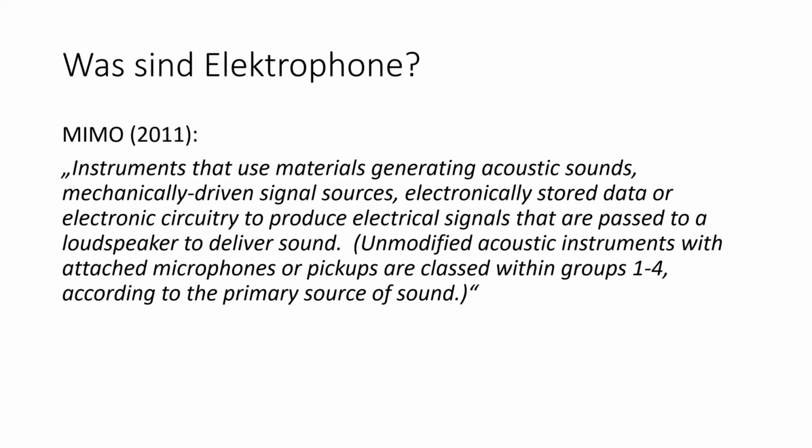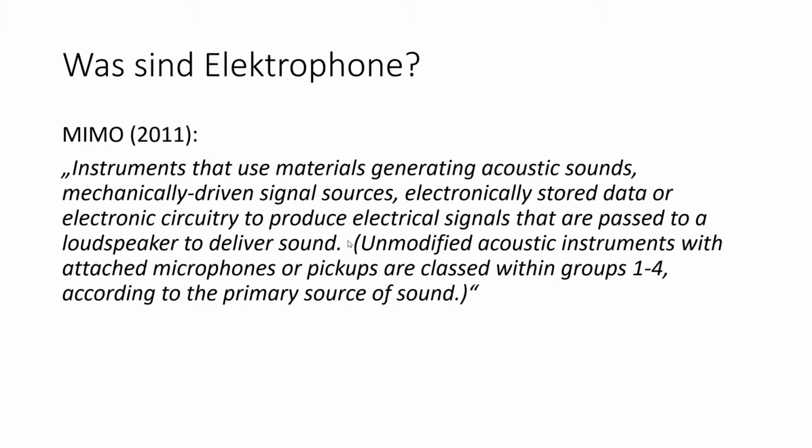But I guess the question is, if I just put a microphone to an instrument and the sound is processed through a loudspeaker, does that make that instrument an electrophone all of a sudden, just because there's a microphone next to it? But they have actually found something against that loophole.